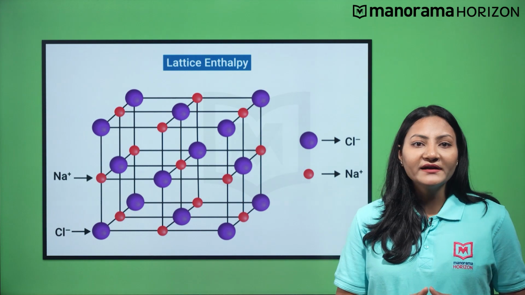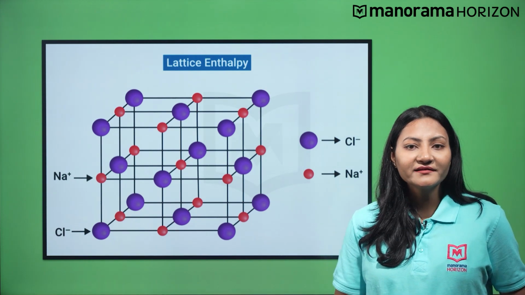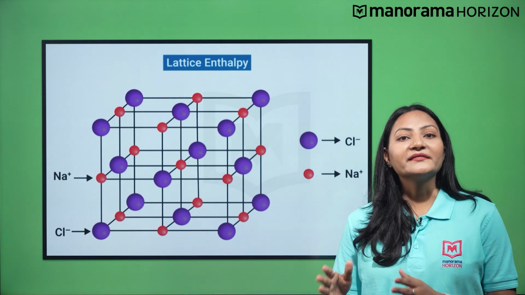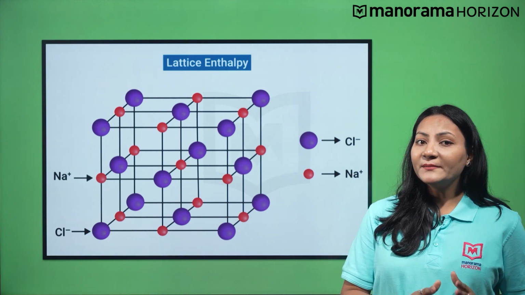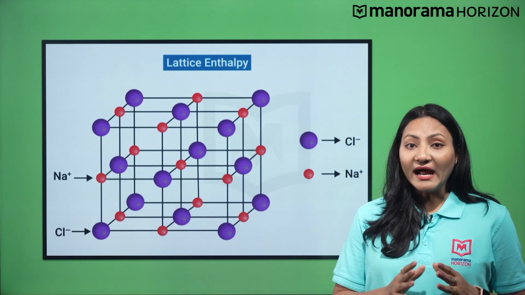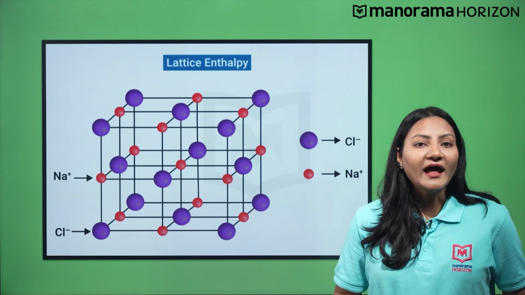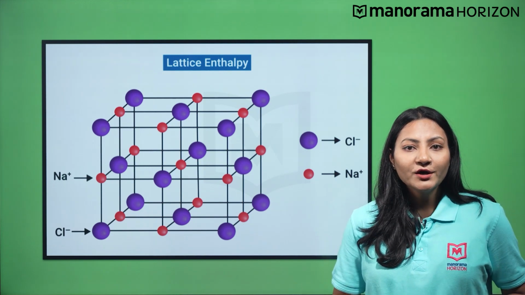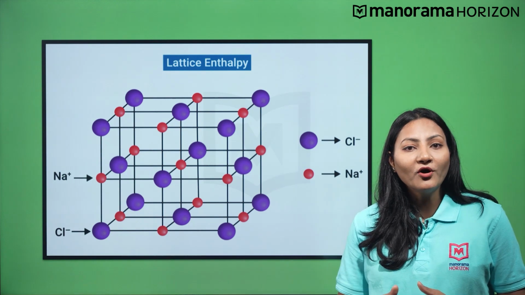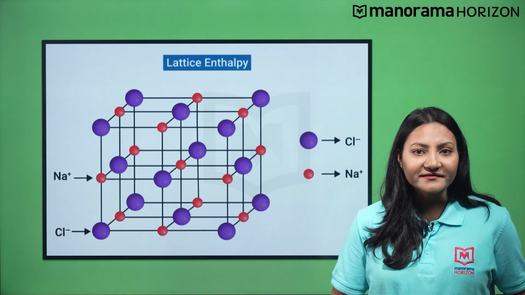The magnitude of energy which is released during the formation of the crystal lattice is called the lattice enthalpy. It is a measurement of the strength of an ionic compound. Lattice enthalpy of an ionic solid can also be defined as the energy required to separate 1 mole of a solid ionic compound into gaseous constituent ions.